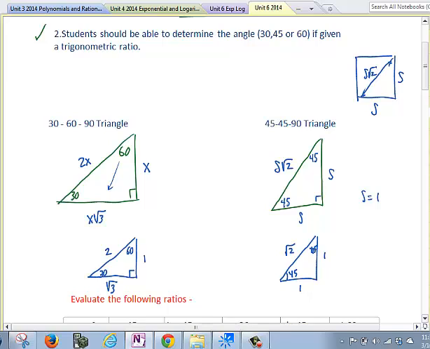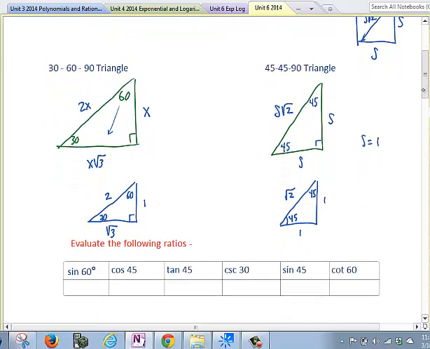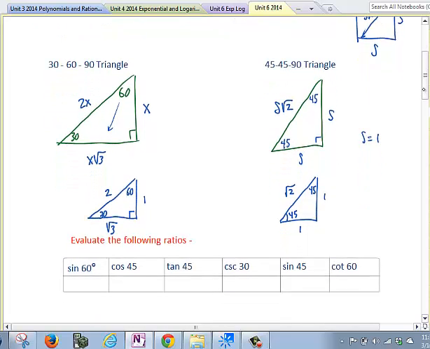Now with this information, you should be able to answer questions about what the sine, cosine, tangent are for various angles. As an example, I have 6 here, and we'll do the sine, the cosecant, and the cotangent, and then I expect you to pause the video and write in your answers for the other 3 after.